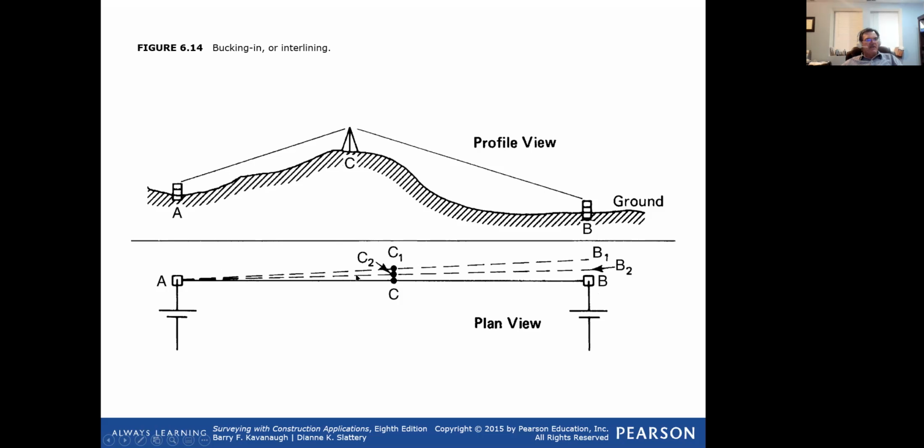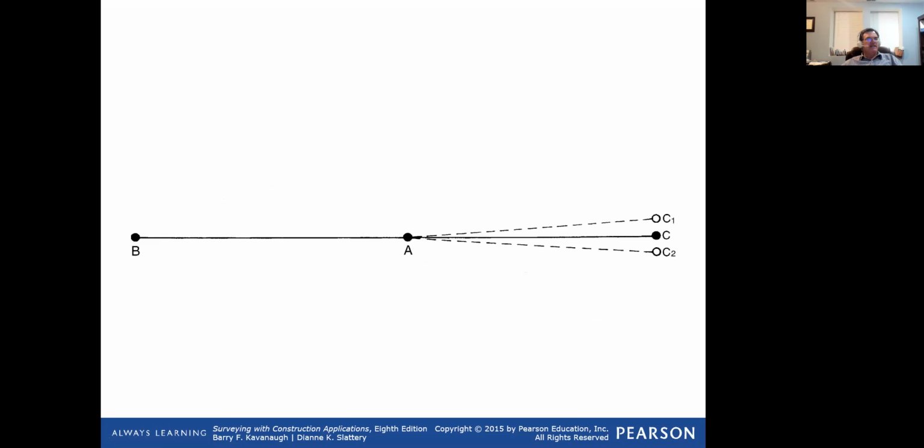You would then flip the scope over and check yourself, and if there's any error, you can take half the distance between each one of those to get yourself in the right spot. But that's how you would do it. Much simpler than the way the book describes, and total stations actually allow you to do that type of thing automatically.